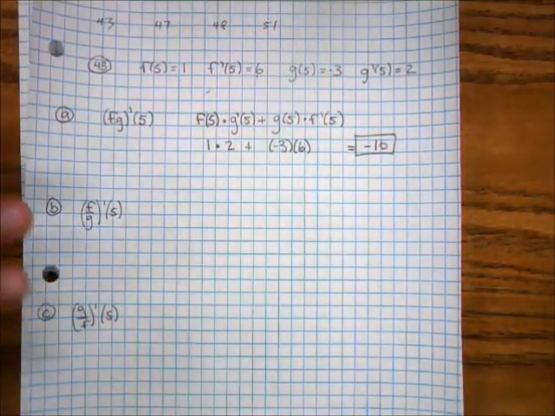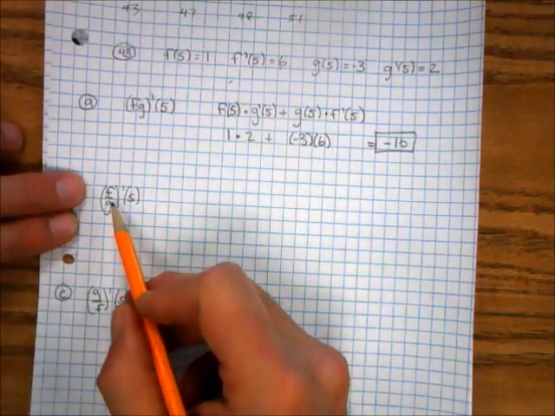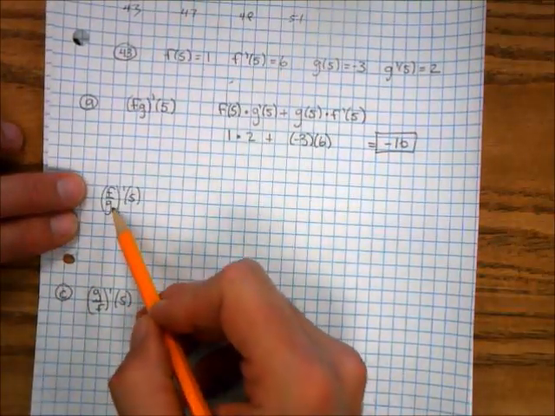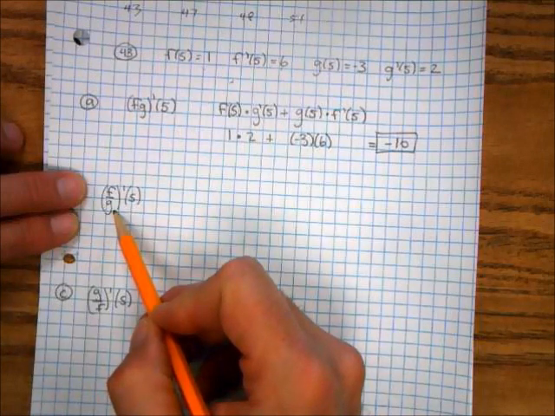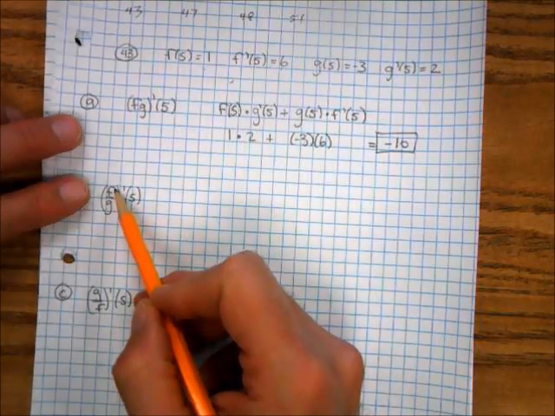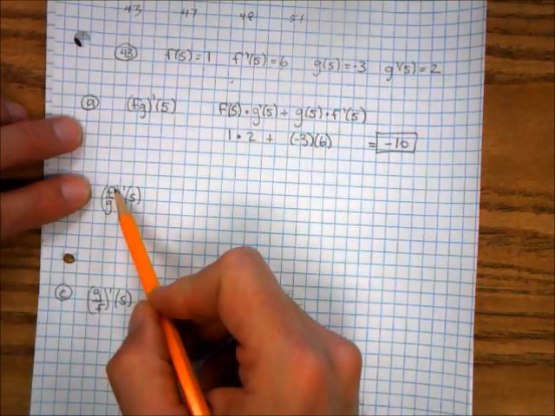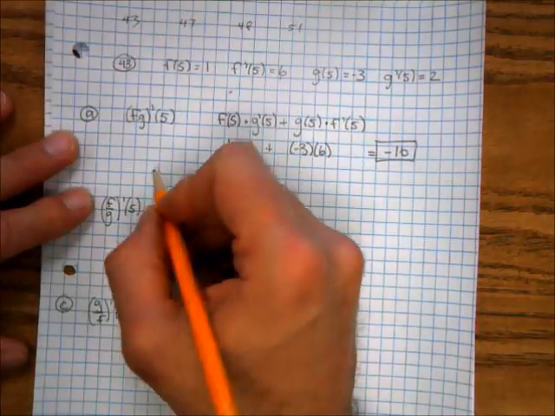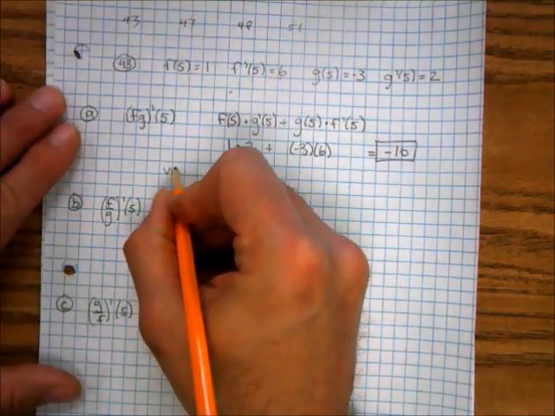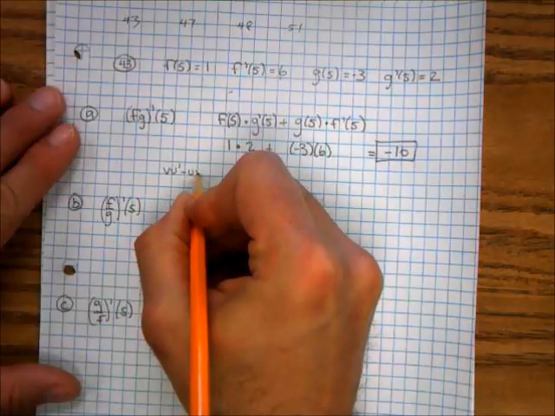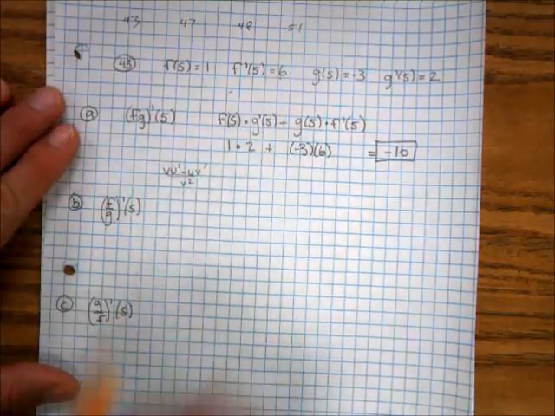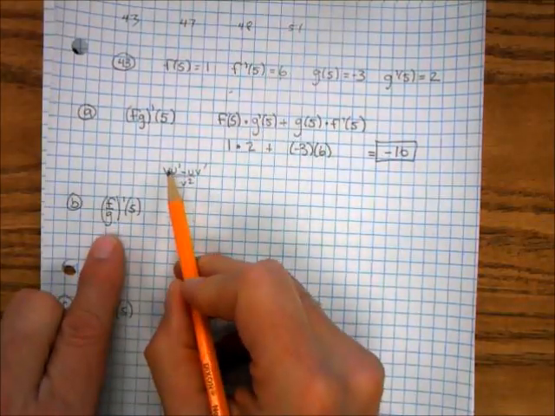Okay? So now this is saying we want the derivative of this quotient, where f is on top. Well, the quotient rule is v u prime minus u v prime, all over v squared. So v is the denominator.